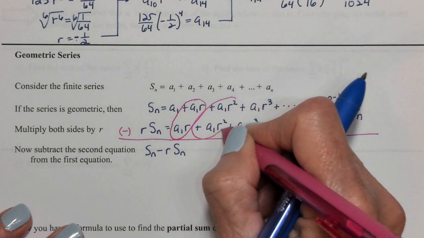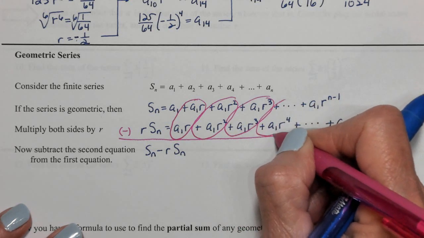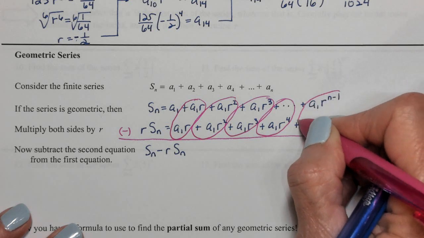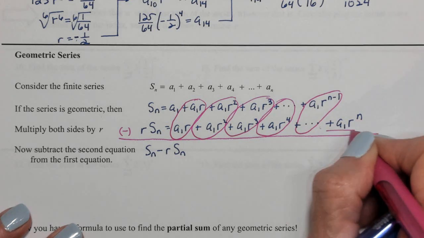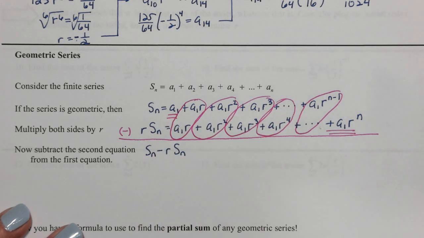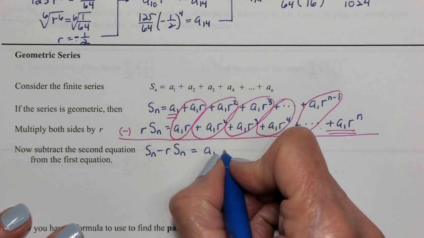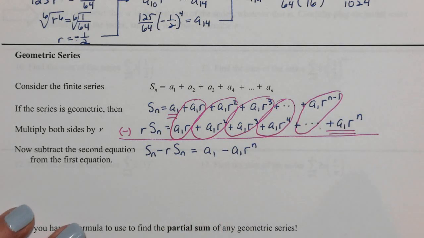This is going to subtract out to 0. This is going to subtract out to 0. All of these are going to subtract out to 0. This one is going to subtract out to 0 with the one that came before it. So I'm going to be left with this one and this one. So this is equal to a sub 1 minus a sub 1 times r to the n.